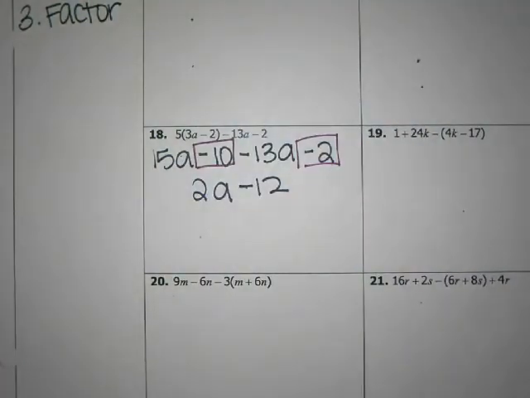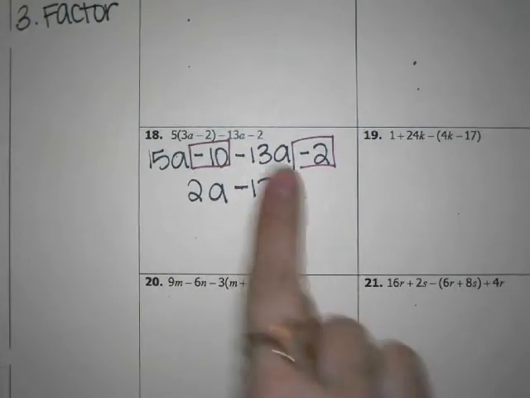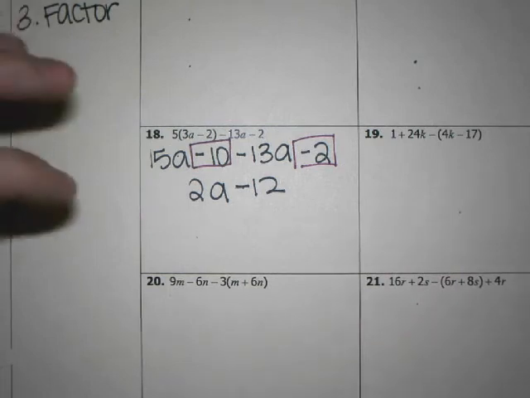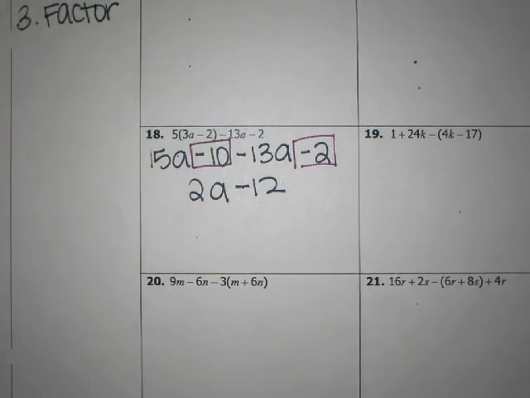I notice if you're getting these wrong, guys, do your boxing in. You don't need to do colors or anything like that anymore unless you want to, but box them in. Okay, show those steps. Last step is to factor.